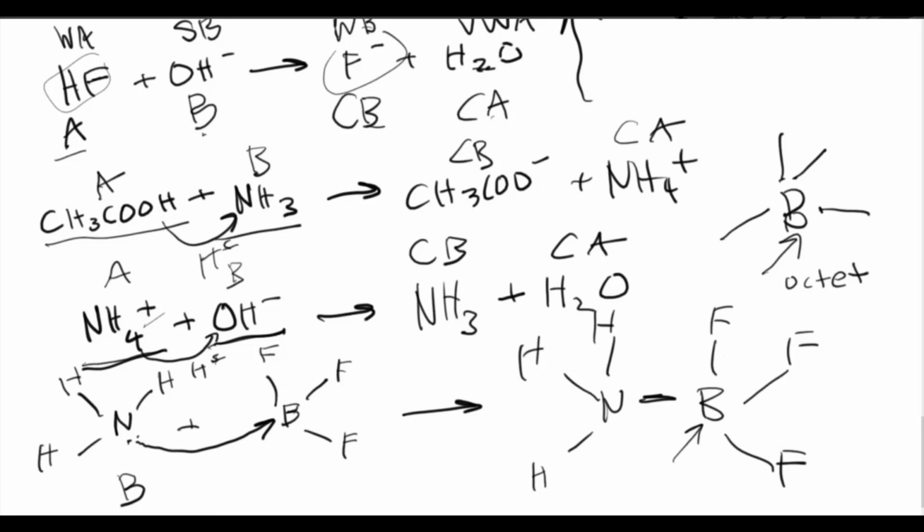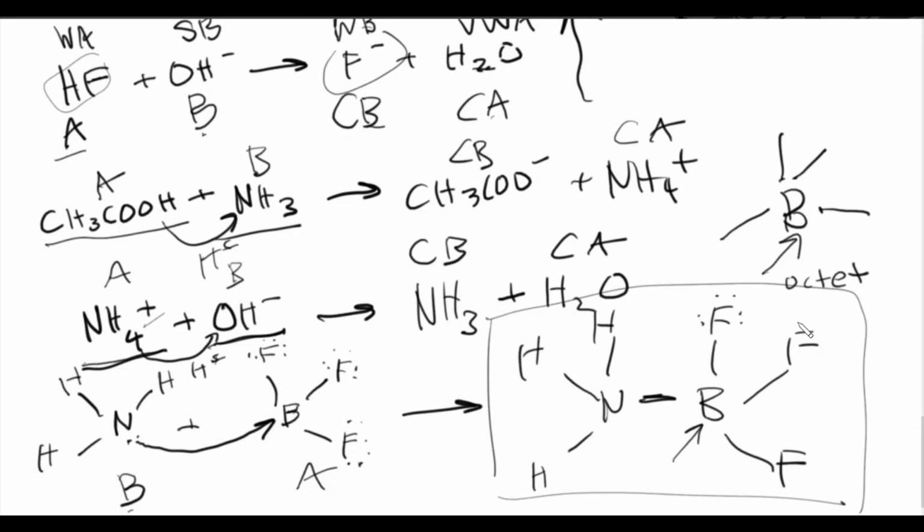It's happy where it's at right now. So this is actually the final structure that we get, where this is the base and this is the acid. And we actually don't have a conjugate acid or conjugate base here, because when they react, they actually just combine together, and that's all we have. And I should put the lone pairs on our fluorines, because they have 8 valence electrons, so let me just add those over there.